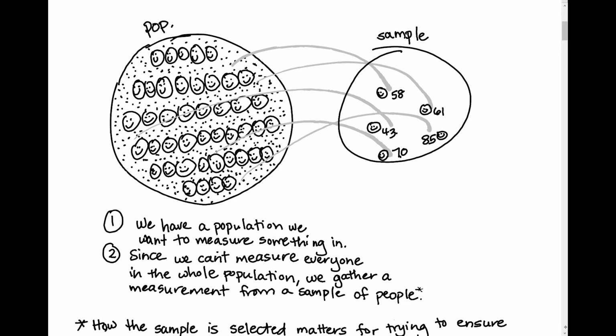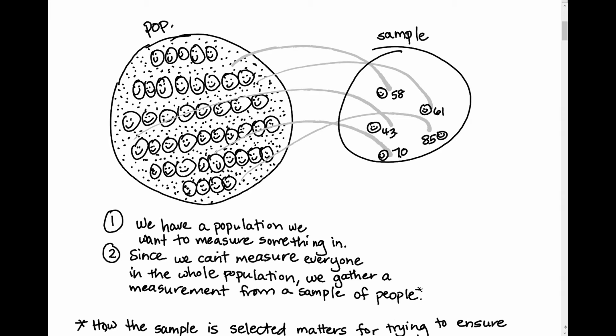Now, since we can't really measure everyone in the whole population, as we talked about before, it's usually impossible. What we do instead is we gather a measurement from a sample of people. So we select different people from that population to be in our sample. It's like when you go to Costco and you get a little sample of something, you're not getting the whole thing, but you're getting something that hopefully represents the whole thing, right?